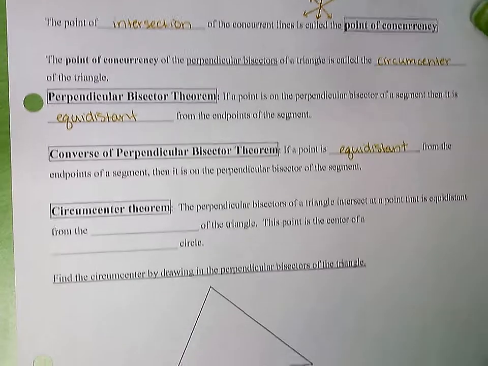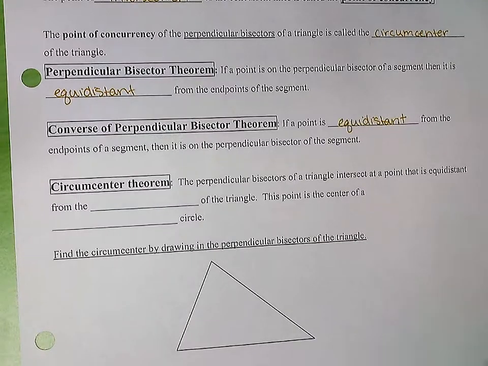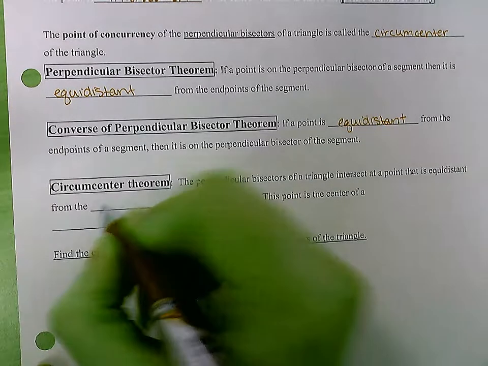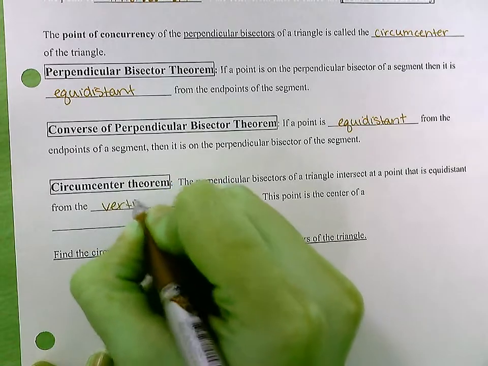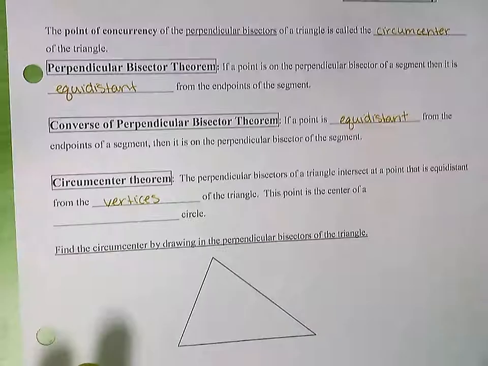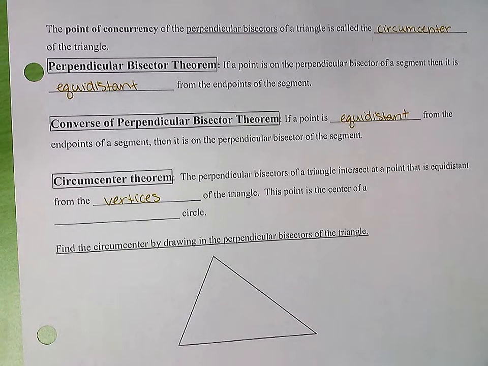We also have a circumcenter theorem. It states the perpendicular bisectors of a triangle intersect at a point that is equidistant from the vertices of that triangle. This point is the center of a circumscribed circle.